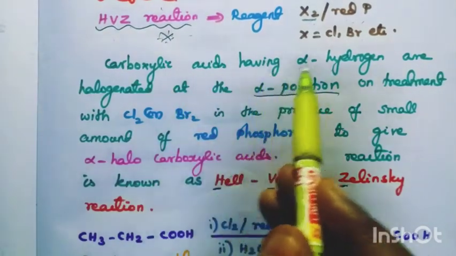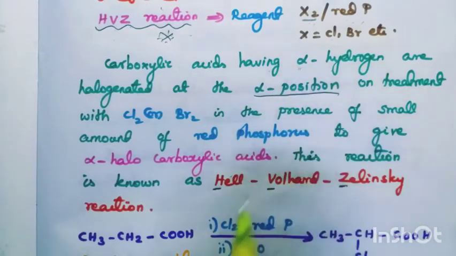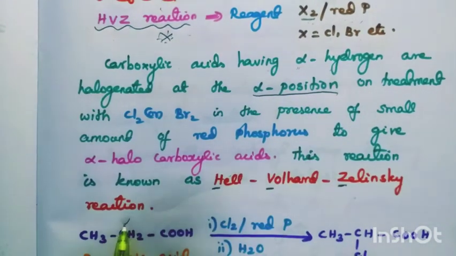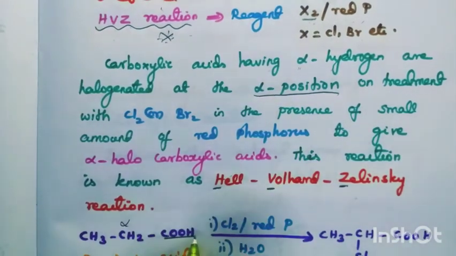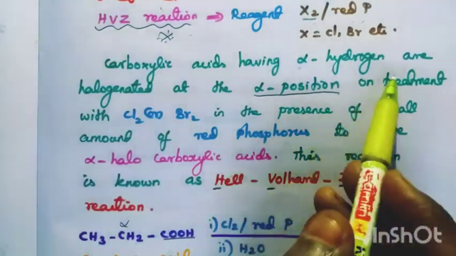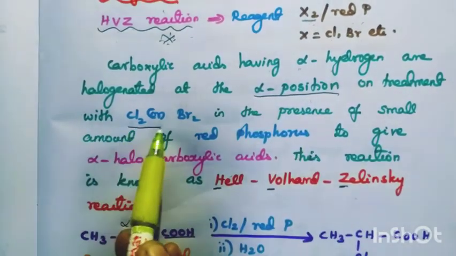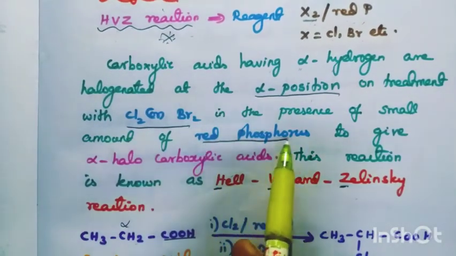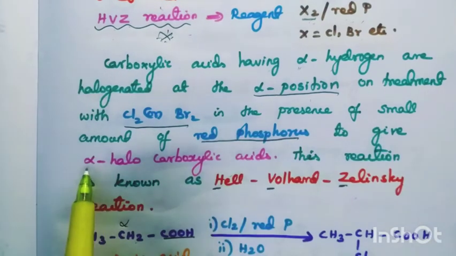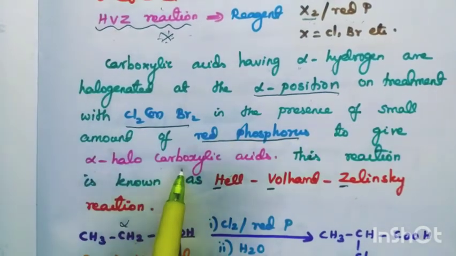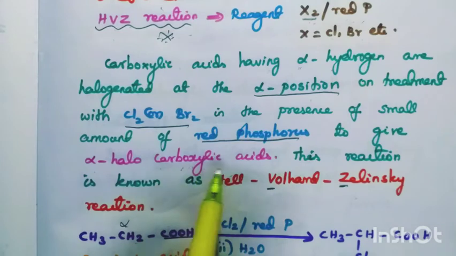What is alpha hydrogen? The carbon next to the functional group is called the alpha carbon and the hydrogen there is the alpha hydrogen. The acid is halogenated at the alpha position on treatment with chlorine or bromine in the presence of red phosphorus to give an alpha halocarboxylic acid.